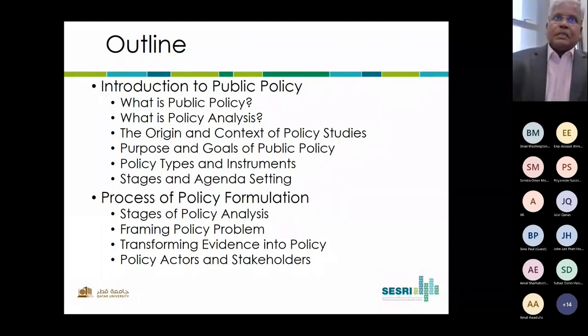The second part of this lecture will discuss the process of policy formulation in terms of the stages of policy analysis, framing policy problem, how to transform evidence into policy, and who are the policy actors and stakeholders in policy analysis.